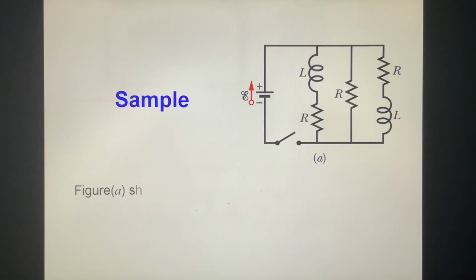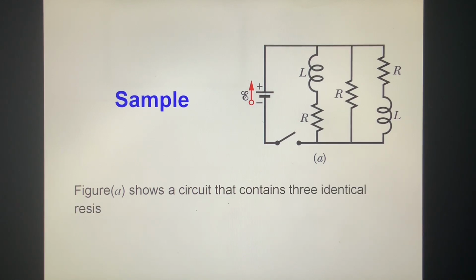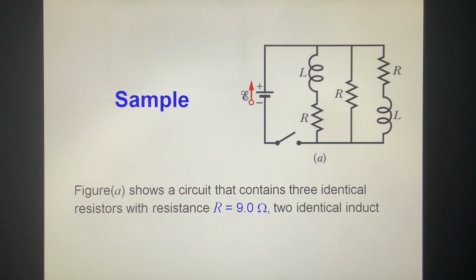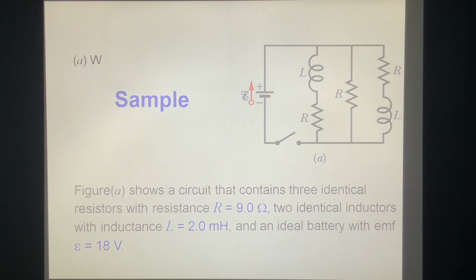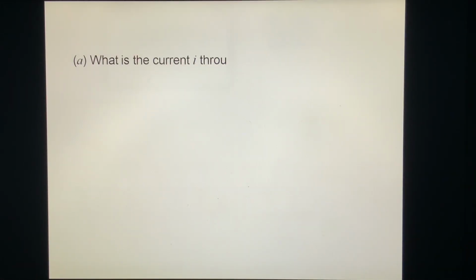Figure A shows a circuit that contains 3 identical resistors with resistance R of 9.0 ohm, 2 identical inductors with inductance L of 2.0 millihenry, and an ideal battery with electromotive force epsilon of 18 volt. What is the current I through the battery just after the switch is closed?